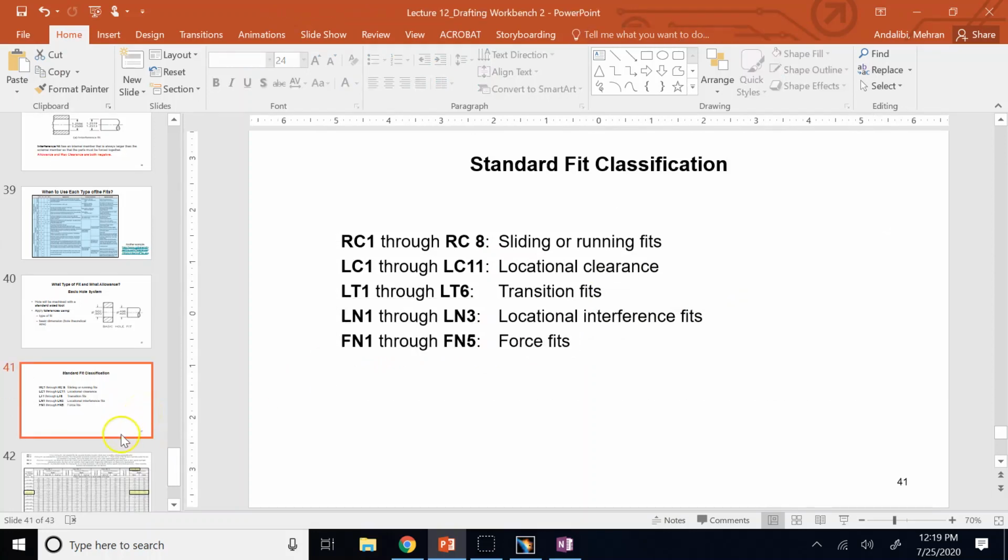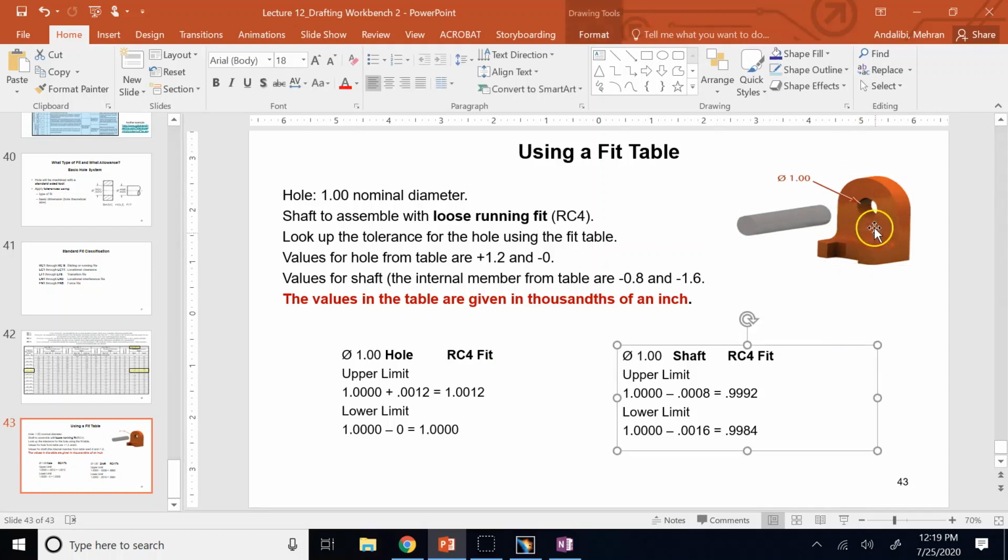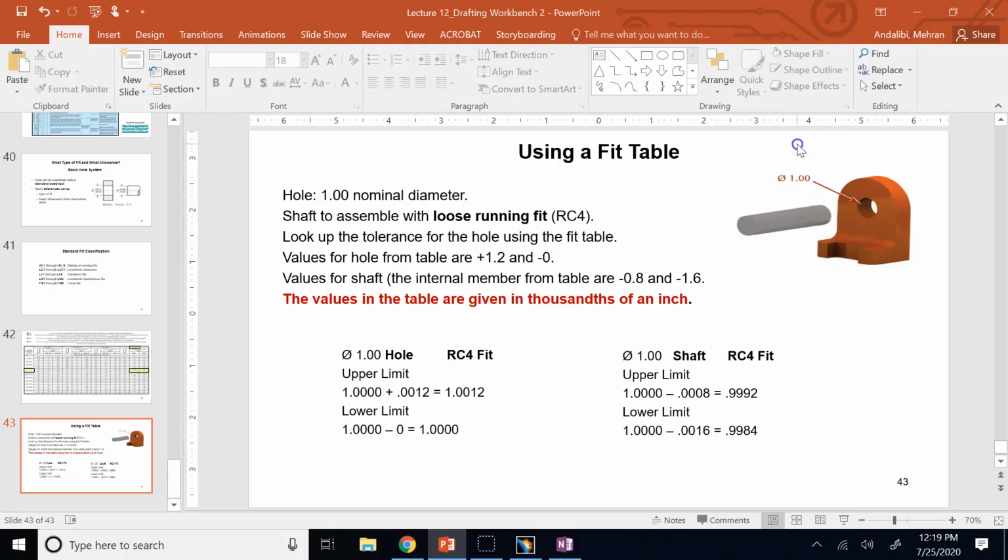So now let's look at an example together and see where we get those plus and minus numbers. So the example here is this. I have this part and this shaft, and the nominal diameter for the shaft and the hole is both 1 inch. Now I want this fitting to be a loose fit.